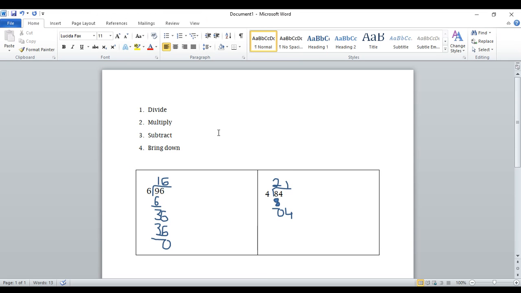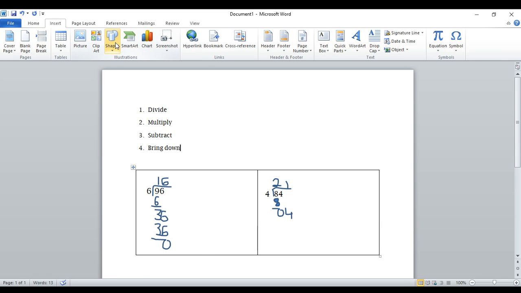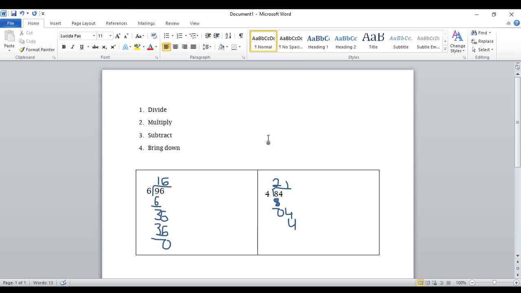And then our next step is multiply. So we're going to take this number and multiply it by our divisor, 1 times 4. And 1 times 4 is 4. And we're going to write that right here. And then we're going to look at our next step, which is to subtract.